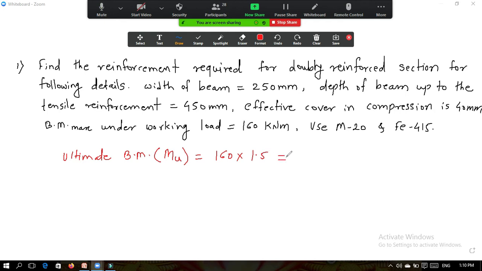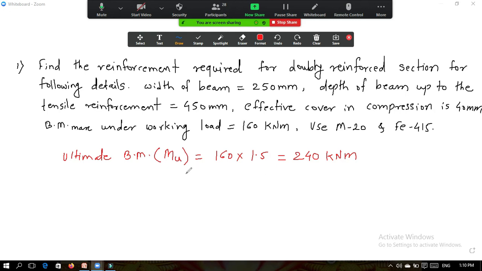Factor of safety is not given in the problem. If any factor of safety is given, then you should take that value for the multiplication. If nothing is given, then take factor of safety as 1.5. So this is 240 kilonewton meter.